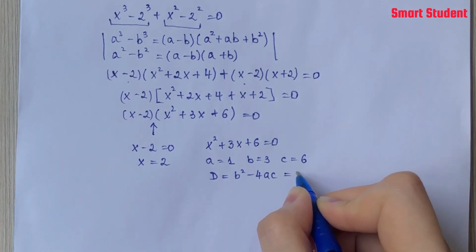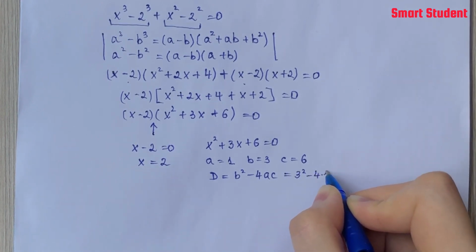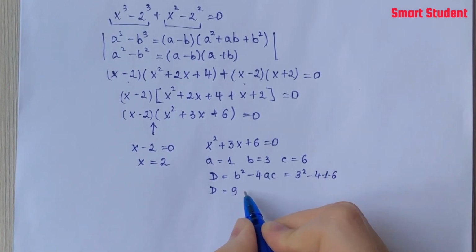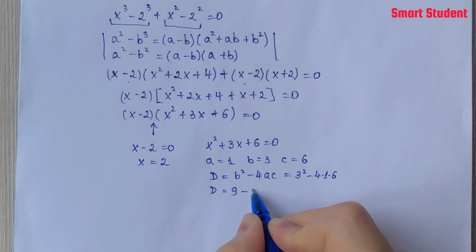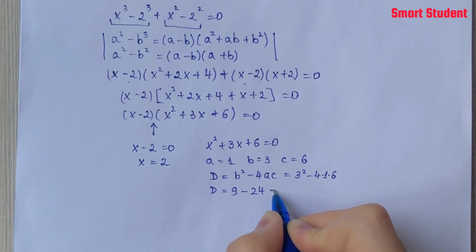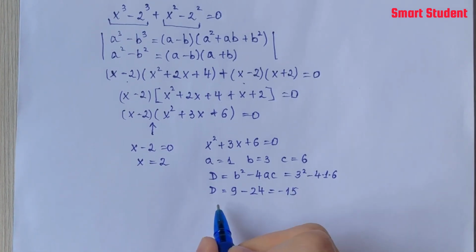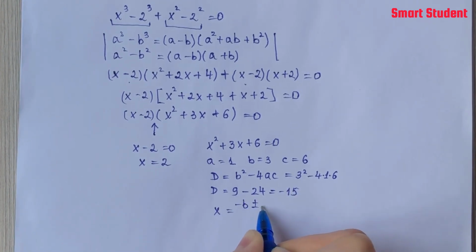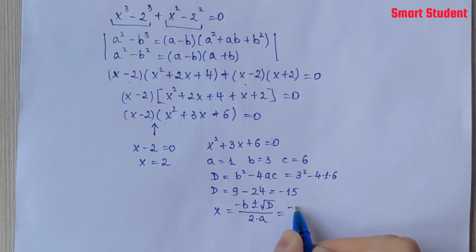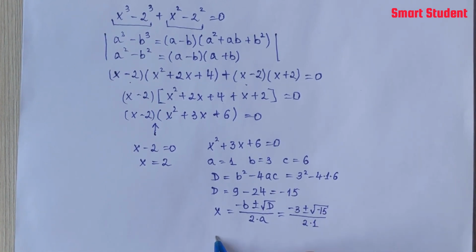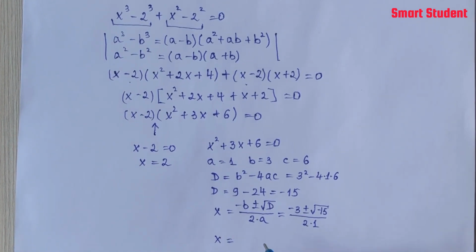Substituting the coefficients, 3 squared minus 4 times 1 times 6, so it's 9 minus 4 times 1 times 6, which is 24. So 9 minus 24, I have minus 15. See, I have a negative discriminant. So we'll have the following. Minus 3 plus or minus the square root of minus 15 over 2, and the roots here will be complex, belonging to the set of complex numbers.